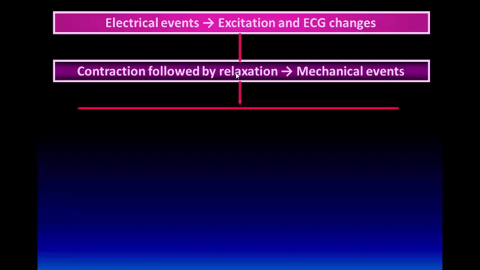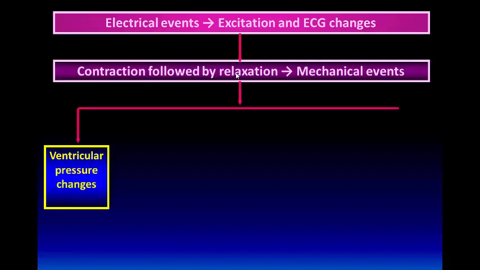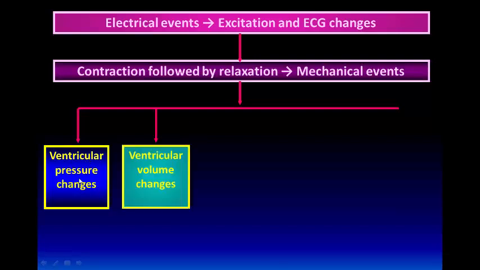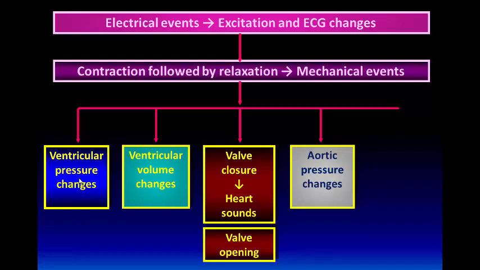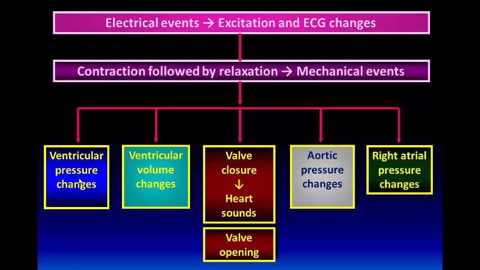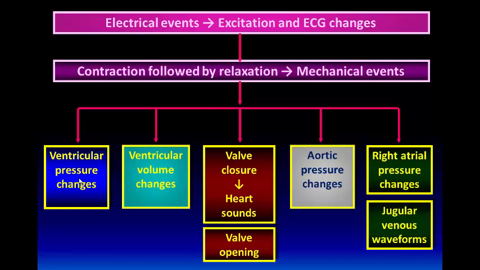These mechanical events result in ventricular pressure changes, ventricular volume changes, and closure of the valves producing heart sounds, and also opening of the valves, and aortic pressure changes, changes in the aortic blood pressure, and changes in the right atrial pressure, and changes in the jugular venous wave forms.